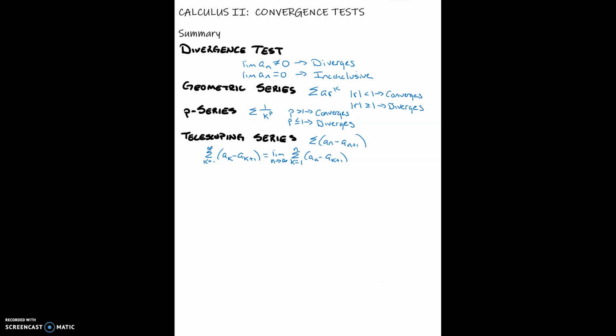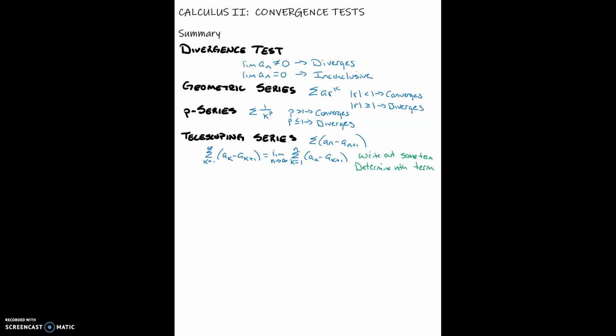Again, what we'll typically need to do is write out some of the terms until we can identify the nth term. Once we do that, we'll simply take the limit and see what happens. Does that converge or does it diverge?